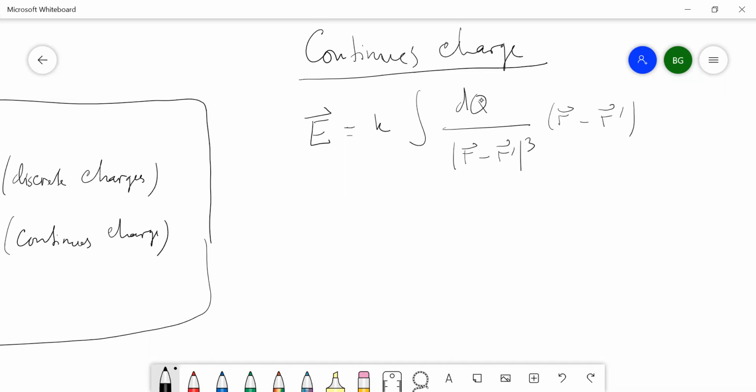Here dq is lambda dx, where lambda means charge density per length.